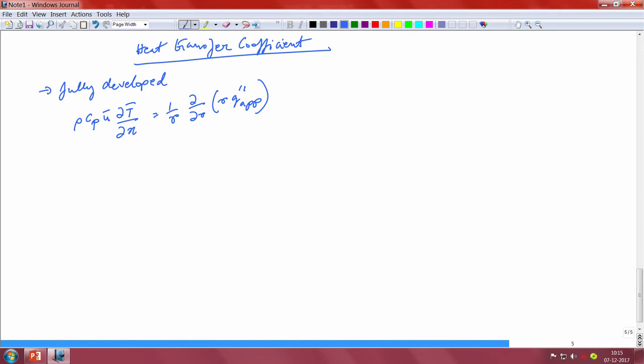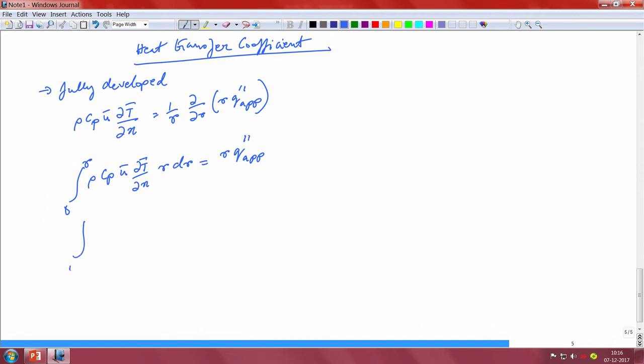Once again we have substituted it by the q apparent, right, because if you recall, that is epsilon h plus alpha, that was what it was. Now, if you integrate it up to any r, this is rho Cp u bar dT bar by dx r dr is equal to r q apparent double prime.